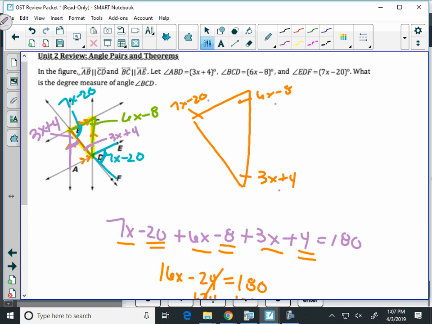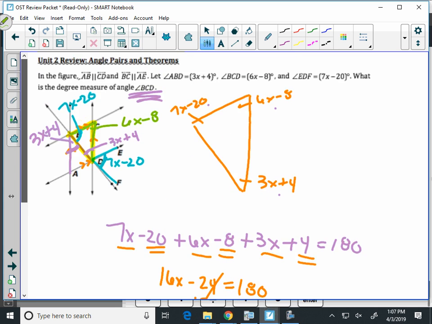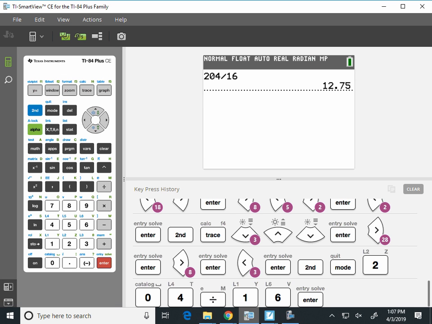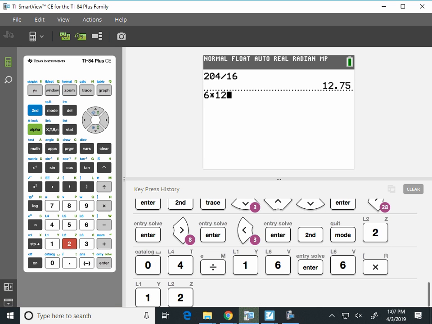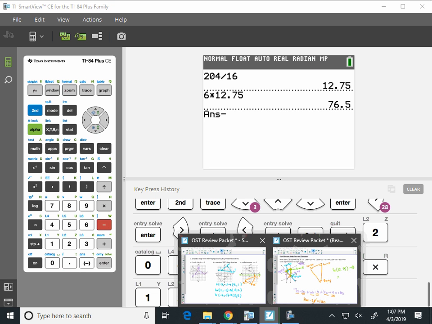And the directions want to know what's the measure of angle BCD. So what you have to do is take 12.75 and plug it in for BCD. So we get 6 times 12.75 minus 8.